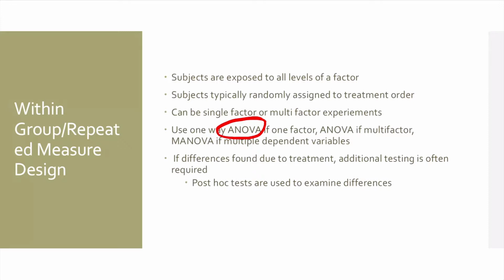If it's multi-factor, then a factorial ANOVA, a multi-factor ANOVA, would be used. And if we have multiple dependent variables, a MANOVA would be used, which is exactly the same as what we do in a between groups design. If differences are found, again, post hoc testing would be done to examine those differences.